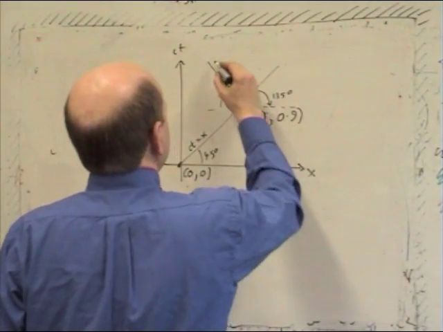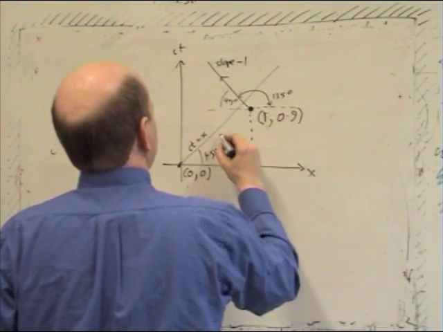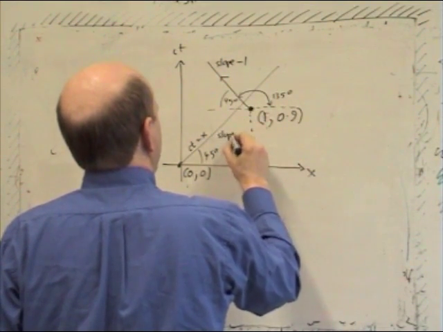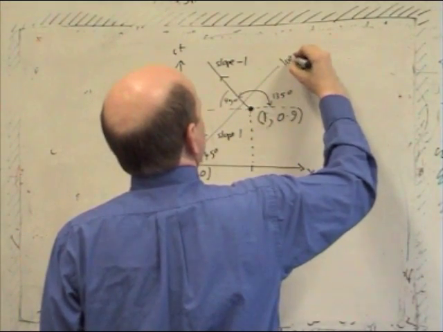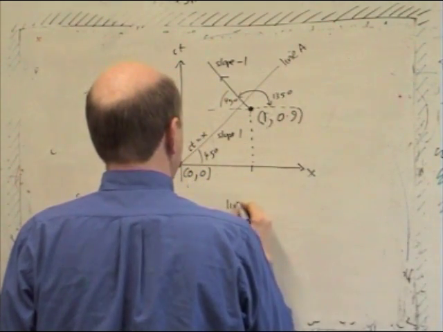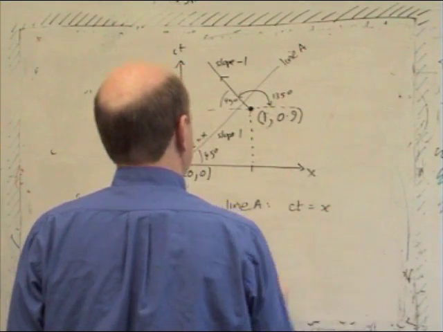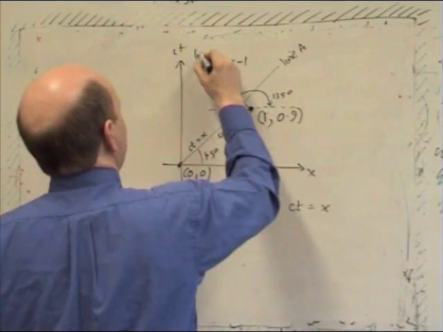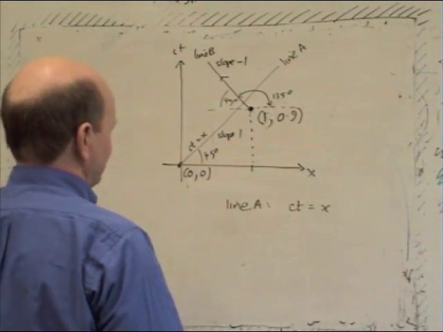And so this line here has slope -1, whereas this one had slope 1. Right, now the equation of line A, which we'll call the one that's travelling in the direction of increasing x, I've already written down. It's ct equals x. Now line B has a more complicated equation because it doesn't go through the origin.